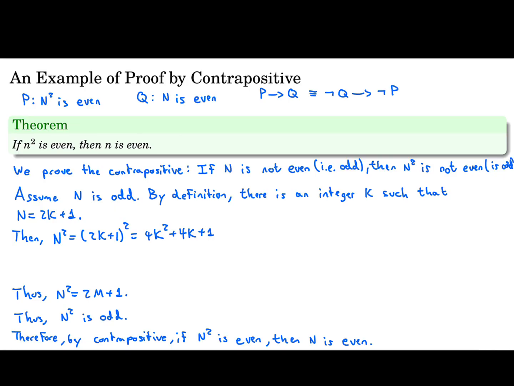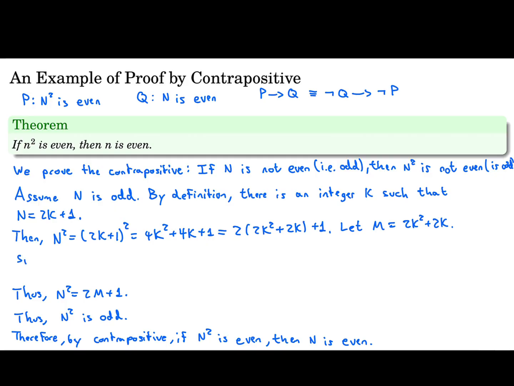And if I look at this expression up here, I can do that by factoring out a 2 of the first part, and you get this. And this gives us a candidate for m. So let m equal 2k squared plus 2k. And now the last thing we need is that m needs to be an integer.